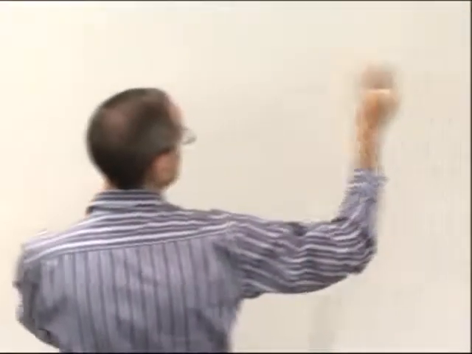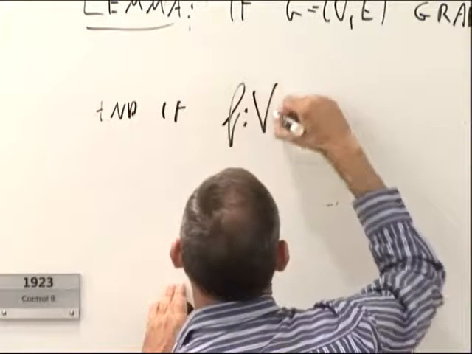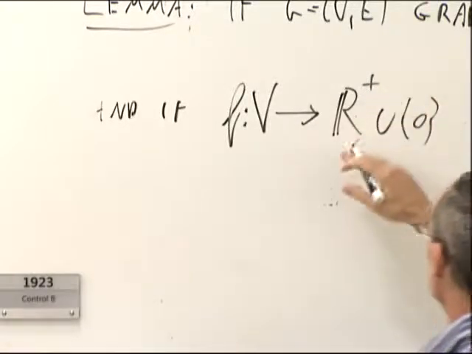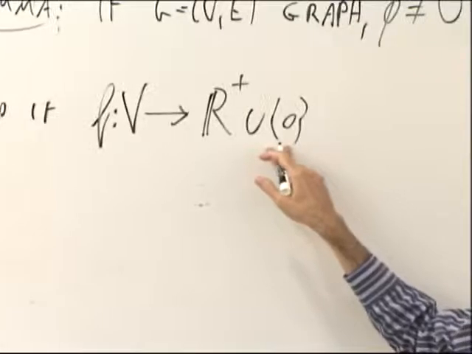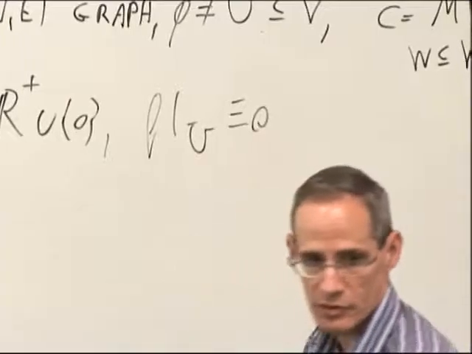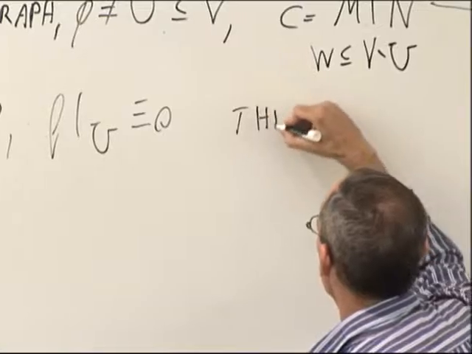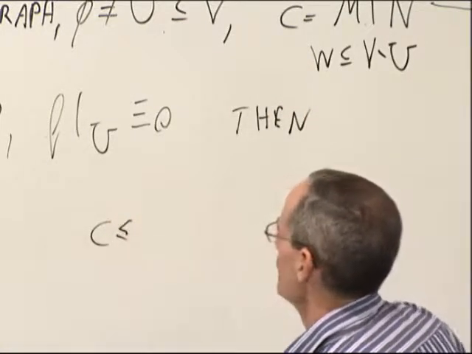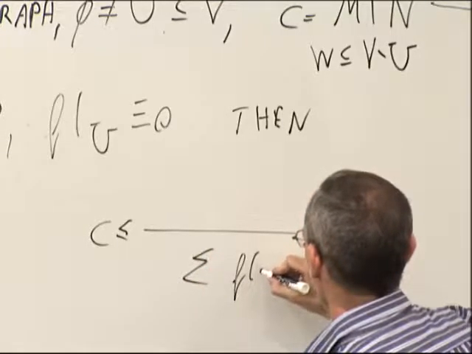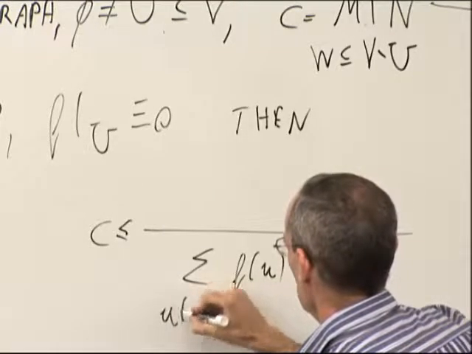So if this is C, and if f is some function from V to the non-negative real numbers, let's say, and f on the boundary U is identically 0, so it is 0 on the boundary, then this C is at most some expression. So let me write. So it will be the sum of f(u) over all u in V.